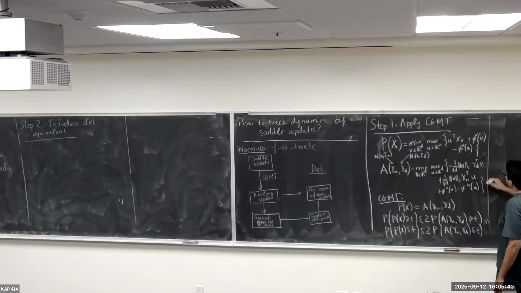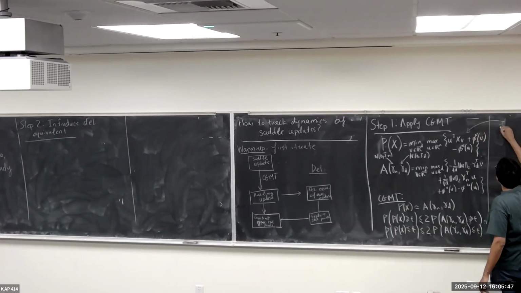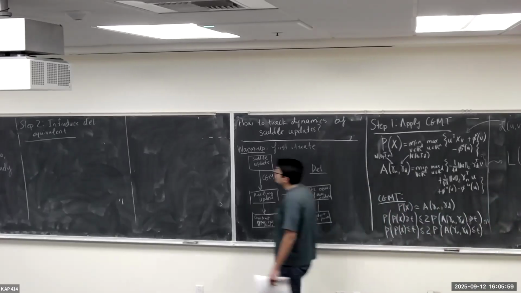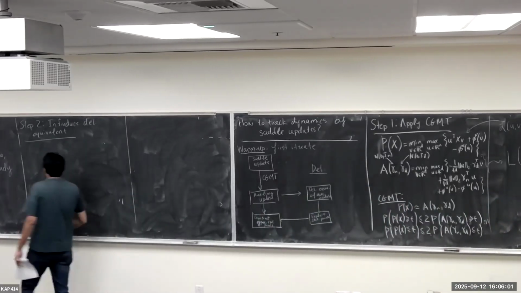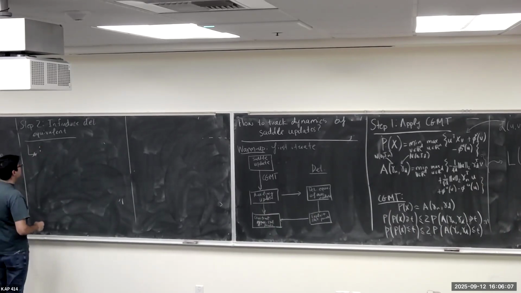So just to make my life simpler, I'm going to define this auxiliary inside function as capital L of UV. And now I'm going to define a deterministic function, L star. L star, however, is not going to be from R^d cross R^n to R.